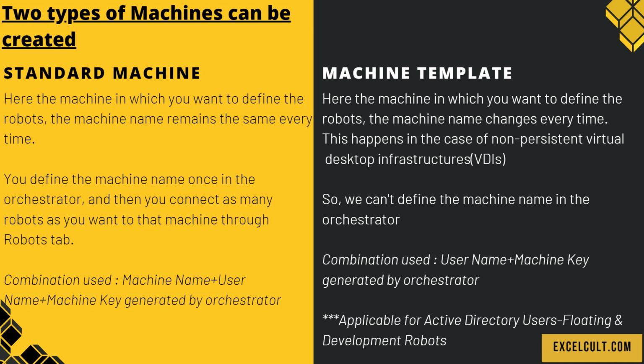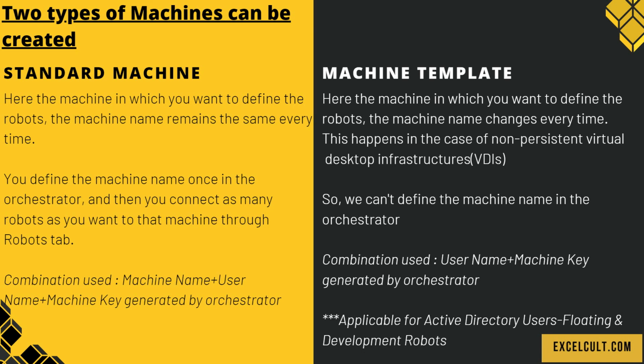Standard machines: you define the machine name once in the orchestrator and then you connect as many robots as you want to that machine through robot tabs. Here, because it changes every time, we can't define the machine name in the orchestrator.